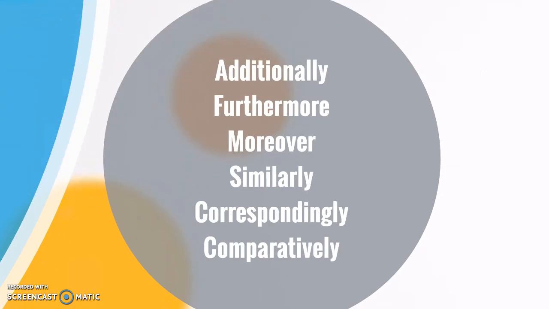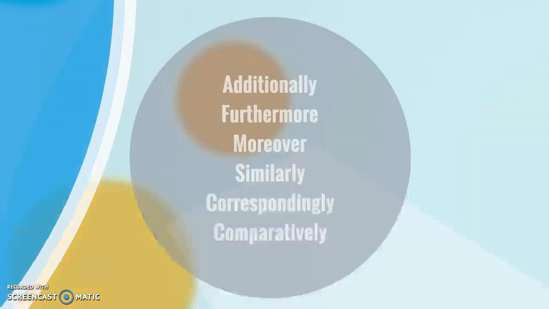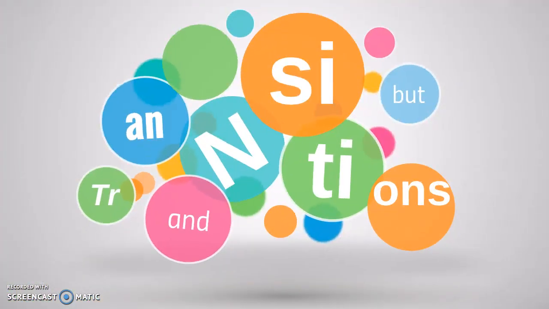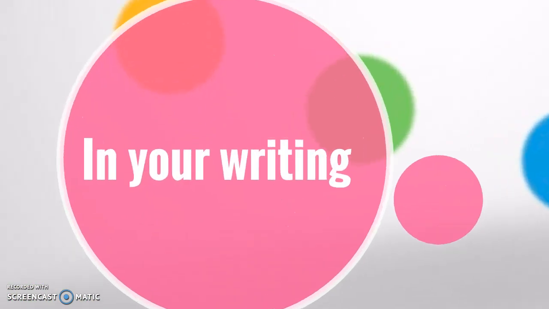So here are words we can use instead of boring old little "and." So we have additionally, furthermore, moreover, similarly, correspondingly, and comparatively. So when you're writing and you have sentences and you've used "and" several times, think about inserting one of these words, if it fits, to replace an "and."